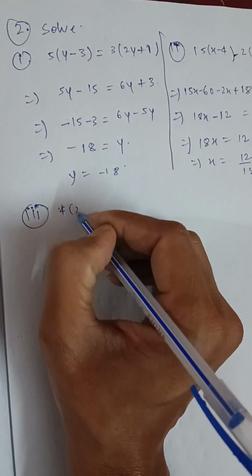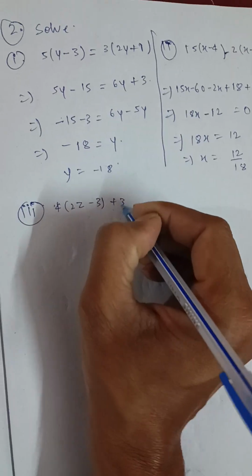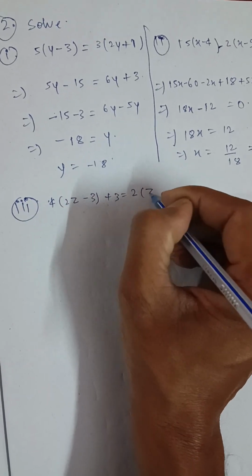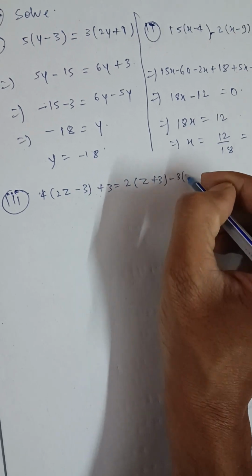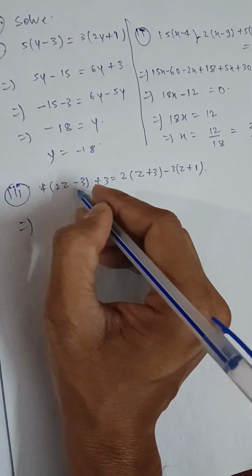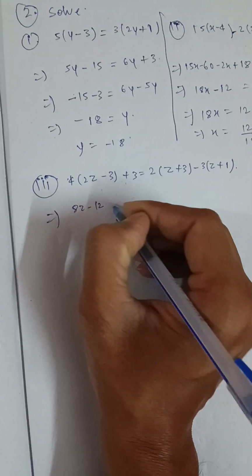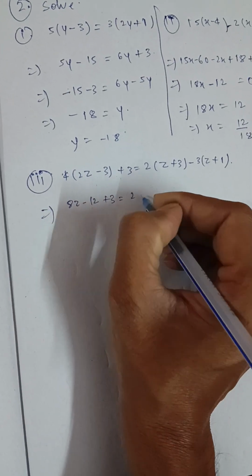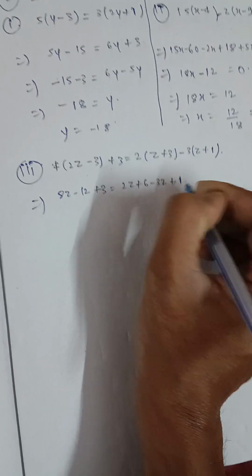So third question is 4 into (2z minus 3) plus 3 equals 2 into (z plus 3) minus 3 into (z plus 1). So 4 into (2z minus 3) equals 8z minus 12, plus 3, equals 2z plus 6 minus 3z minus 3.